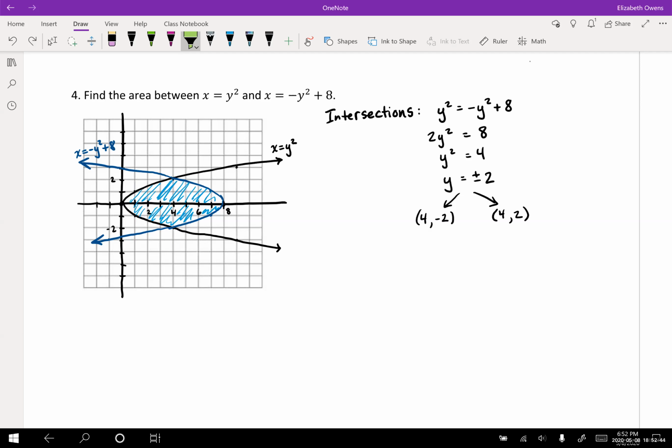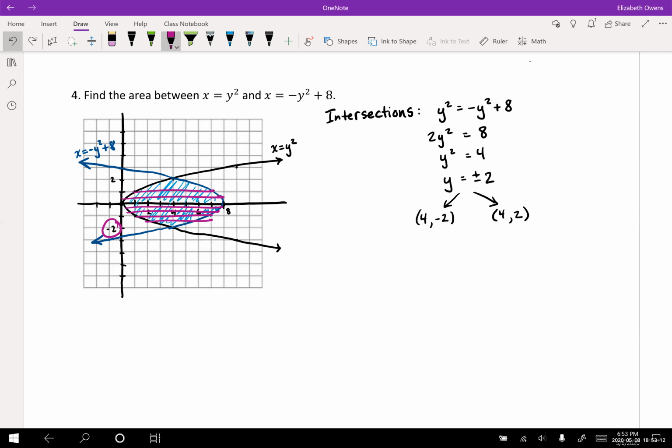All right, so if we switch and we integrate with respect to y, that means you're going to take little changes in the y direction and stack them up like this. Okay, so when we sketch out that idea, we can see that again, there are clear limits on our area. We're going to go from y equals negative 2 to positive 2.